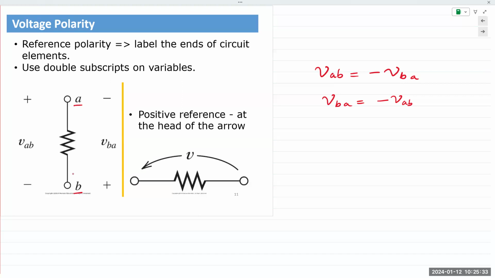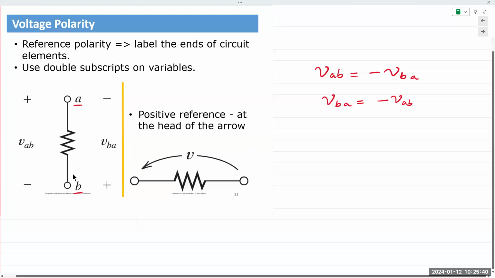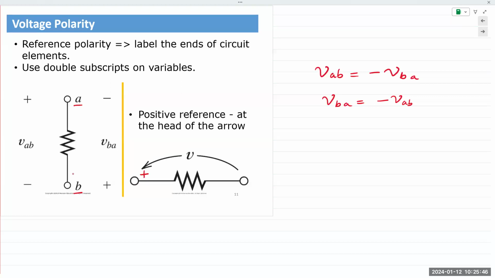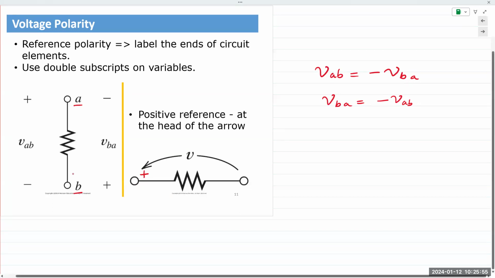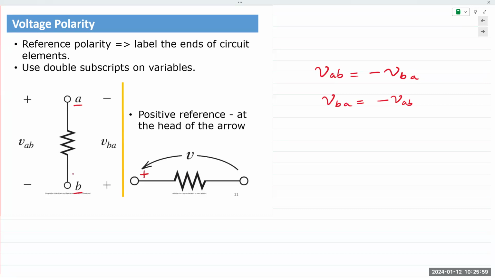This that you see right here is not often used. It simply states the positive is here where the arrowhead is. But I'm going to say I've never ever seen anything like this in an actual textbook. It used to be used a long time ago, but for the most part, you simply see a plus and a minus sign.